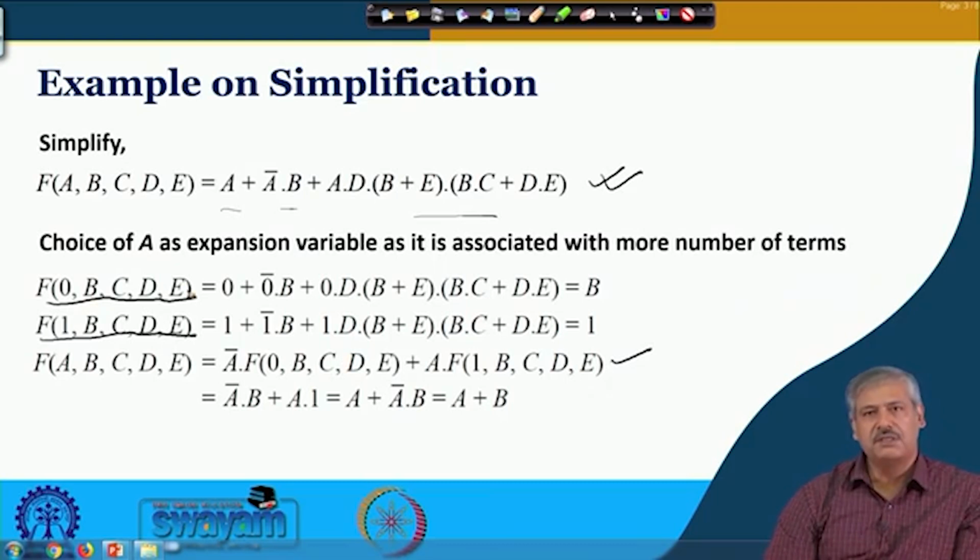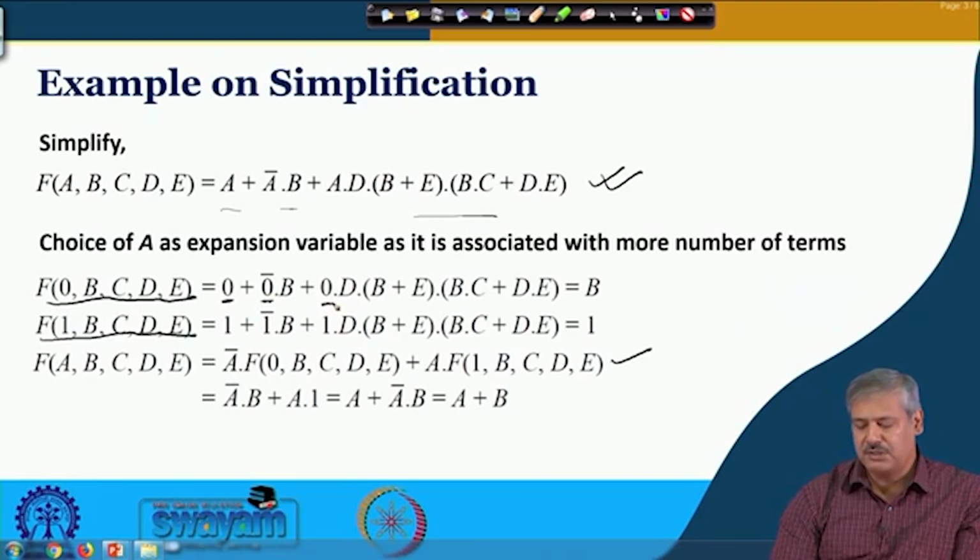F0 B C D E, this expression, how will you get it? If you substitute, this is 0, this is 0 complement ANDed with B, and this is 0 ANDed with the rest of the things. And whenever this is 0, in the OR gate it does not contribute in any way.